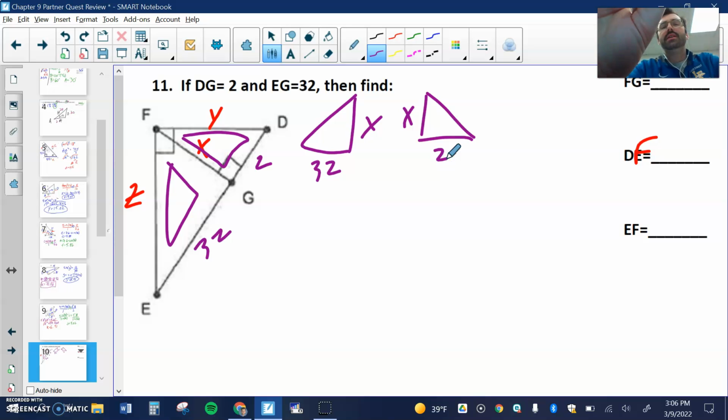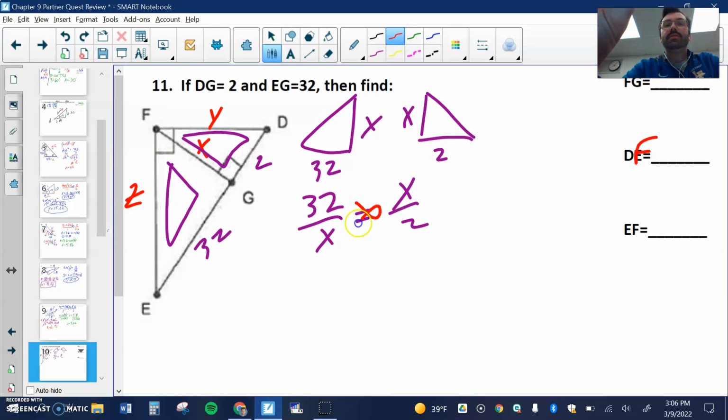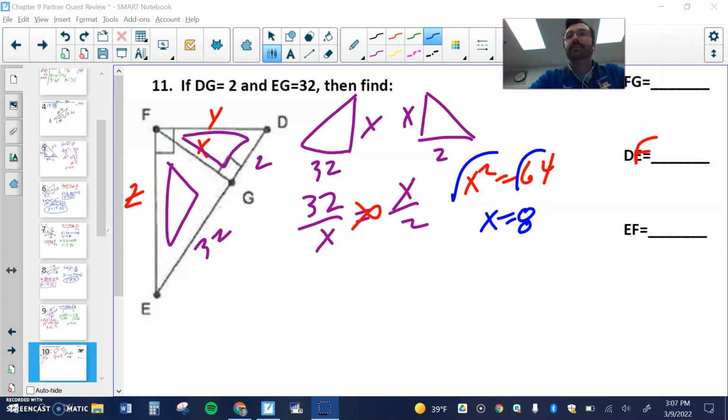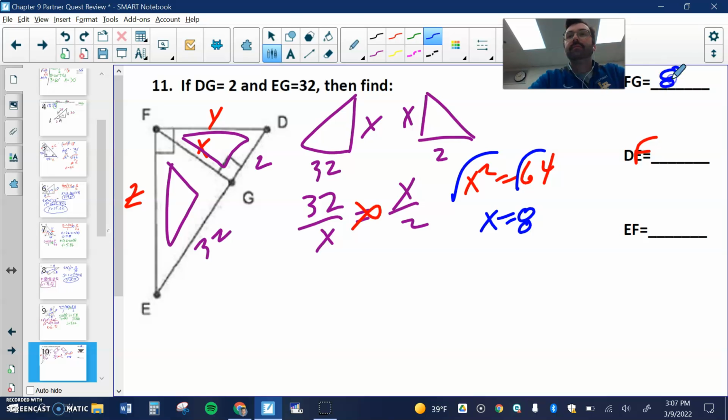What do I see twice? I see the X, so 32 over X equals X over 2. Cross multiply. X squared equals 64. What's the square root of 64? 8.